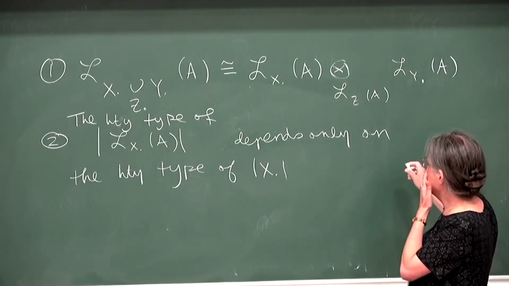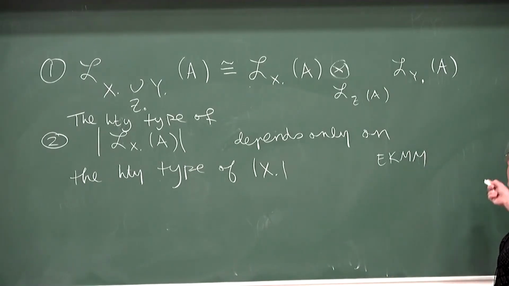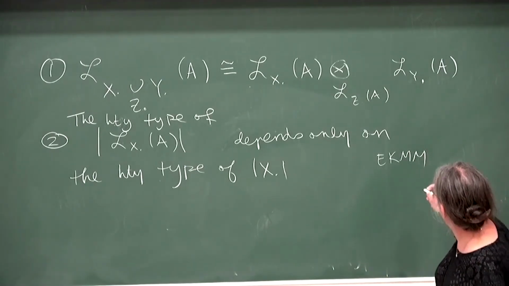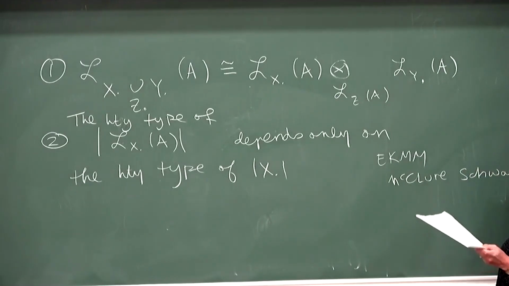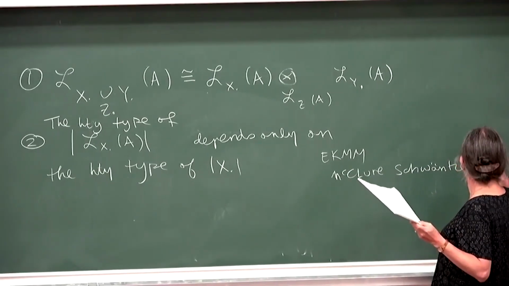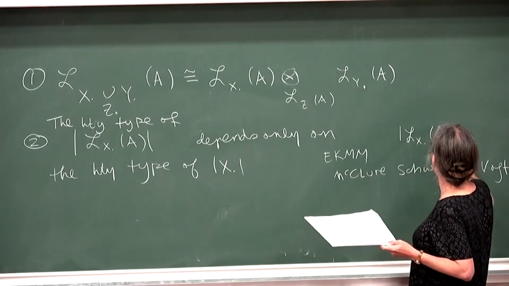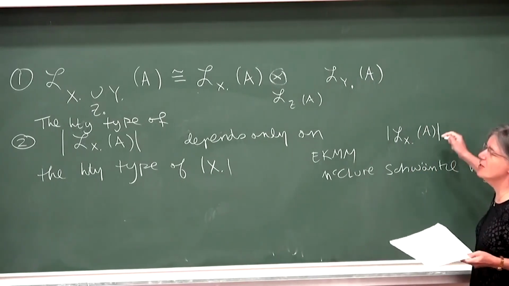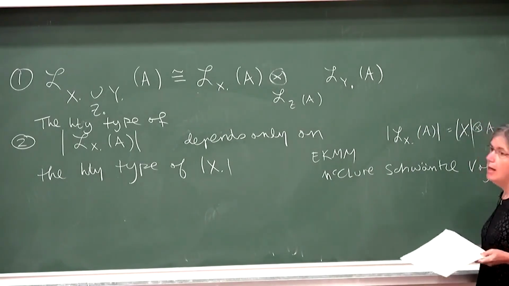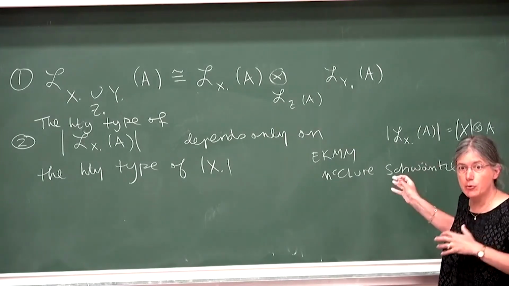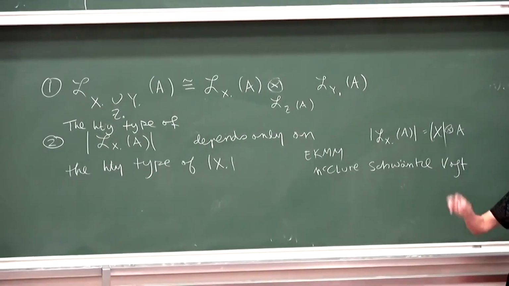The easiest reference, not the easiest way, is EKMM, based on also older work of McClure, Schwänzl, and Vogt. So the point is that for spectra, L_X A is the internal tensor in the category of spectra of X with A. And of course, EKMM do it not just over the sphere spectrum, but over other spectra. So you could get the discrete case from it.